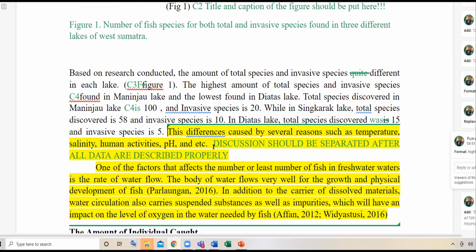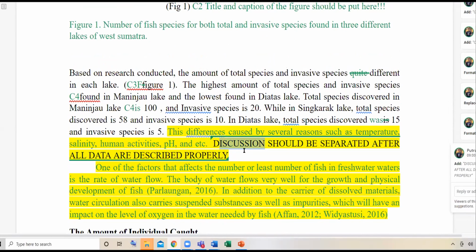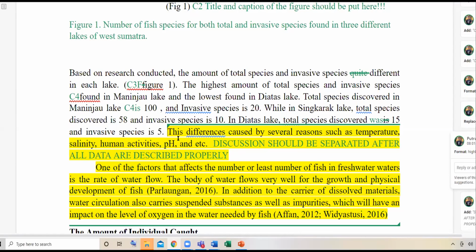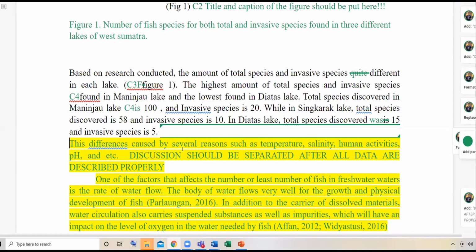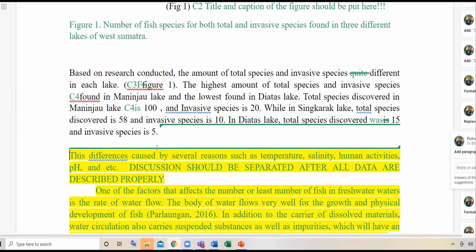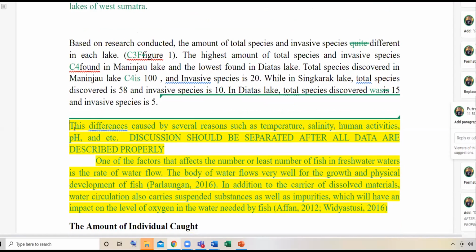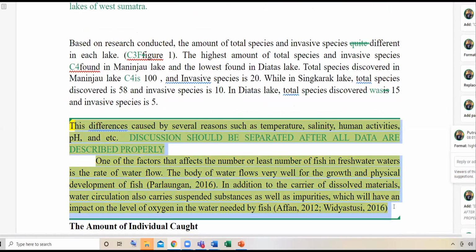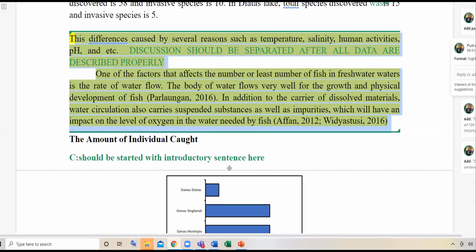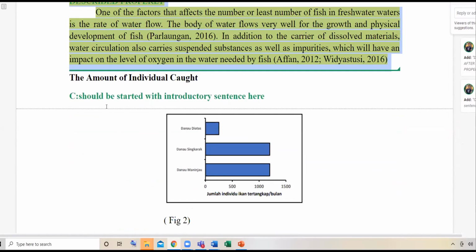So actually, this is the part of discussion because you explained about the data itself, the interpretations of the data, and the interconnections with your assumptions, and therefore it should not be in here. So it should be part of the discussions. So consider removing it and moving it into the discussion part, because all of this is the discussions. Then you can move to the next data like this.